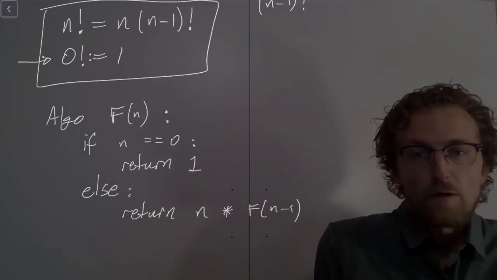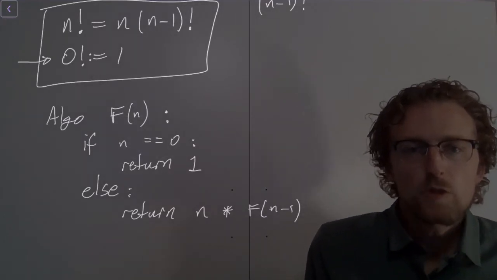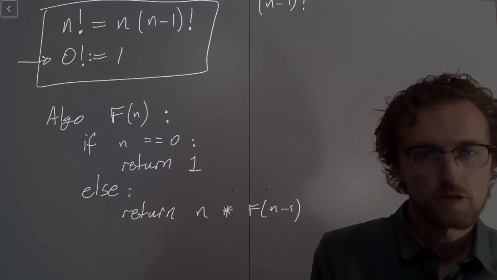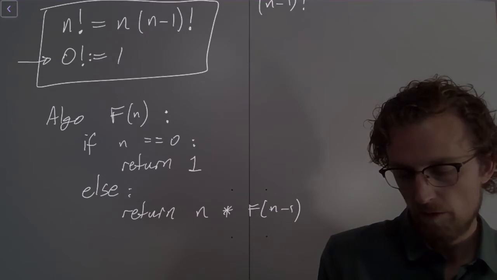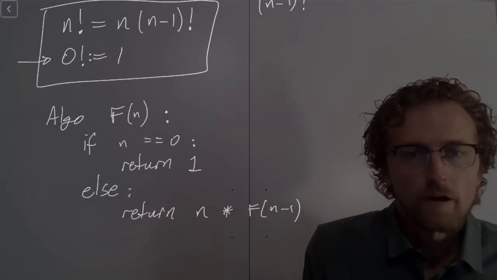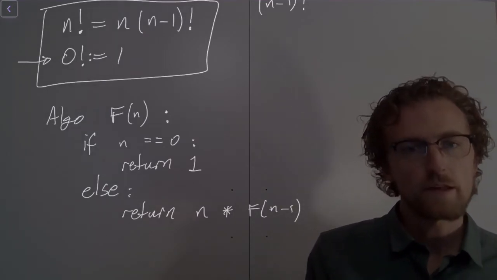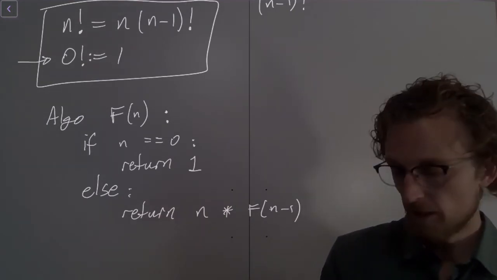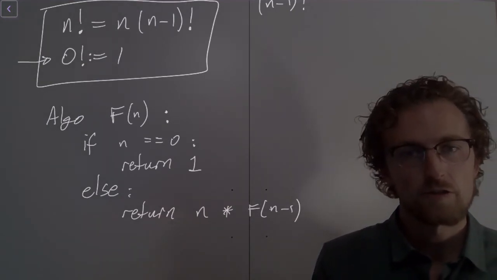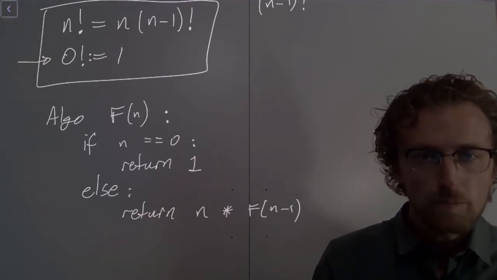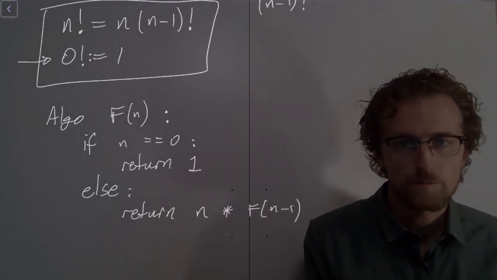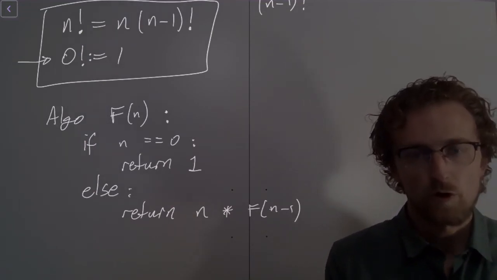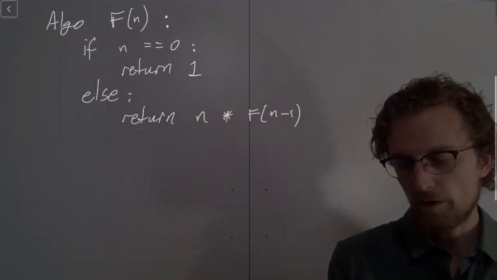Okay, fair. It shouldn't be too hard to convince yourself that this recursive definition of an algorithm will return n factorial. Right? If I pass in a number n, it'll just recurse on itself till it gets all the way down to the initial condition 0, and then it'll bubble back up and send us the product of all those numbers. Okay, so this is one algorithm for computing factorial.